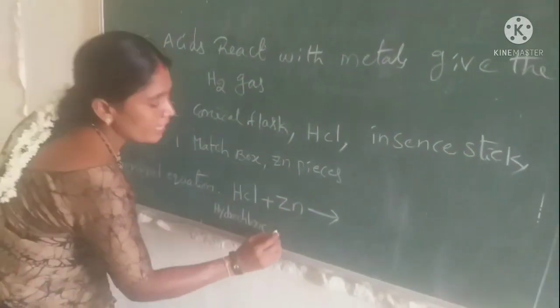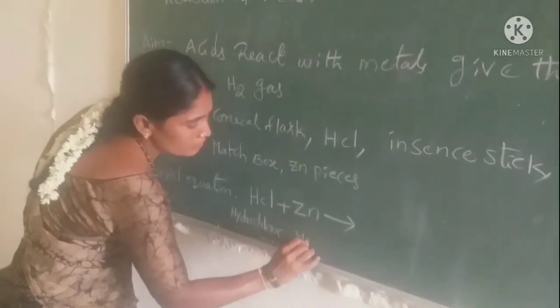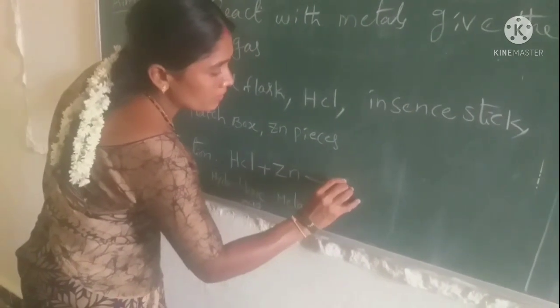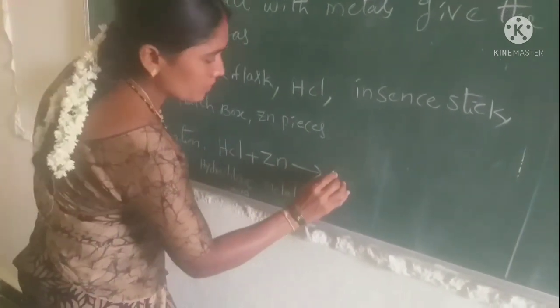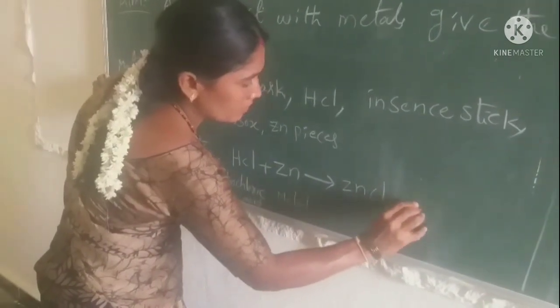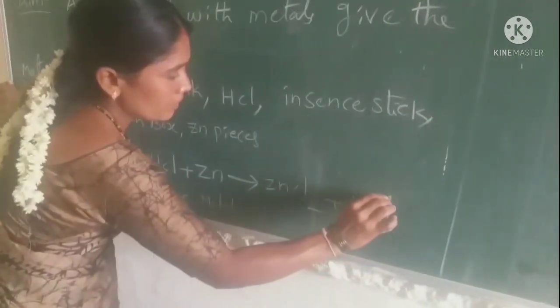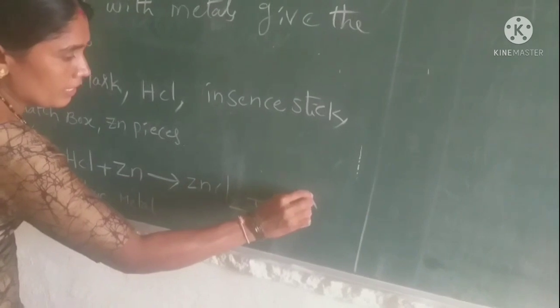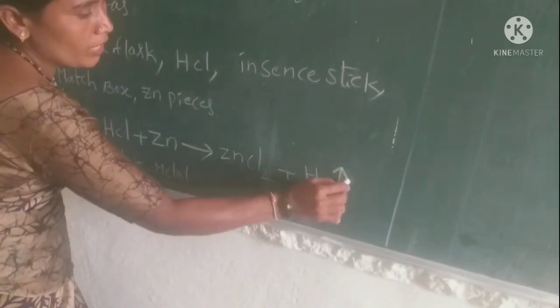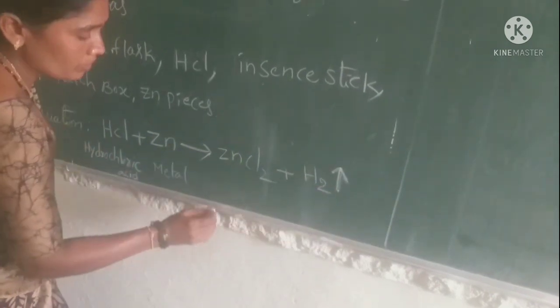Hydrochloric acid reacts with the metal zinc and gives zinc chloride plus hydrogen gas. We denote the gas with an upward arrow mark.